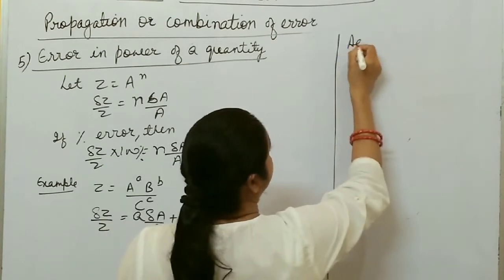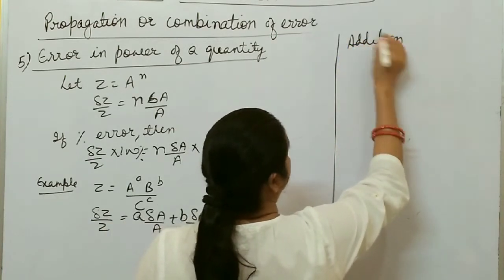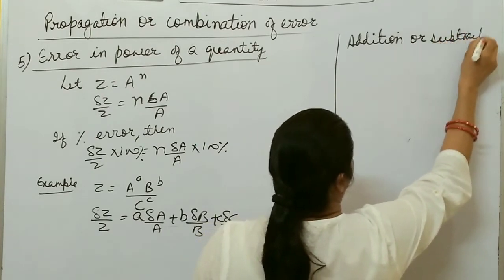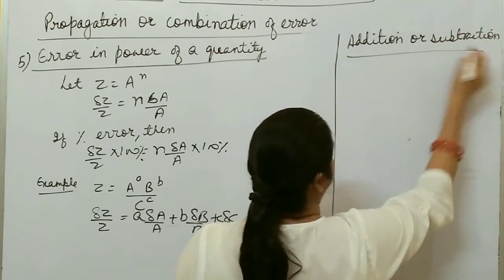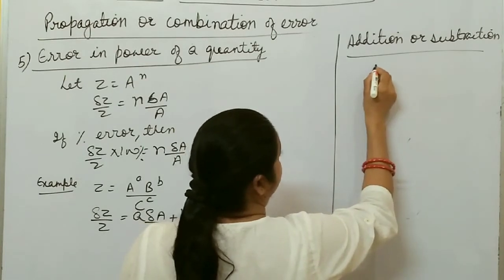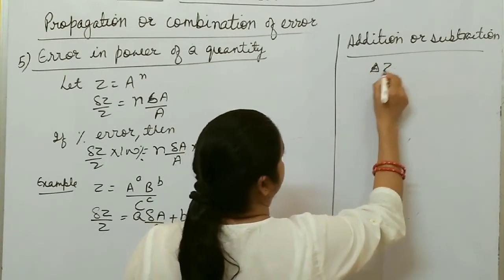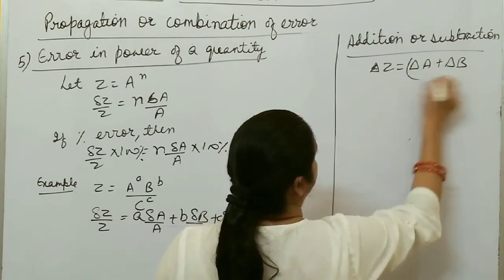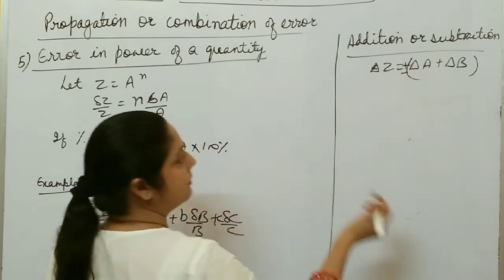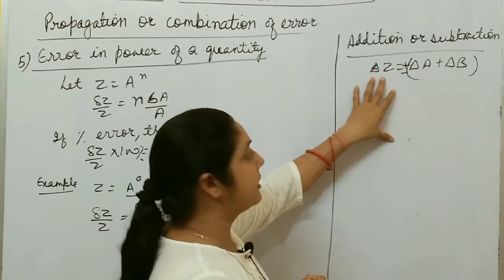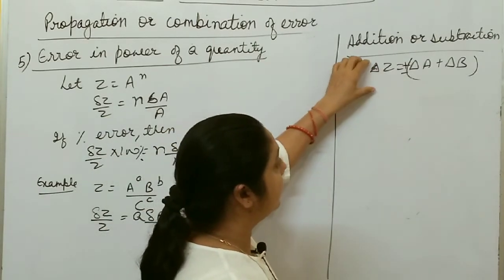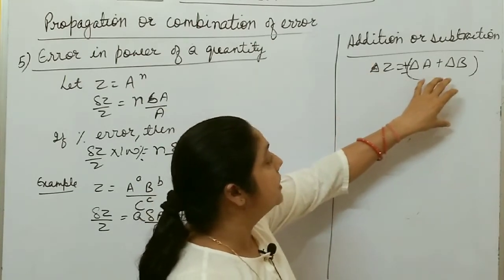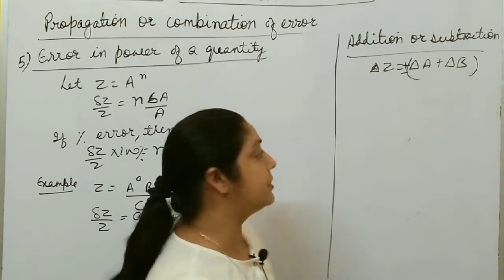In case of addition or subtraction, delta A plus delta B, plus minus. Okay, errors may be added or subtracted. So in case of addition or subtraction, the absolute error in the final measured value is equal to the sum of the absolute errors in the individual measurements.